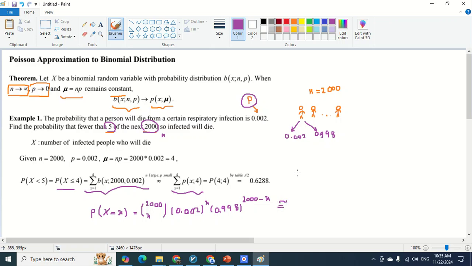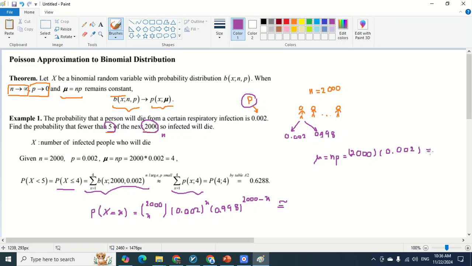First of all we should calculate lambda t, which is the same as mu over here. Mu is equal to n times p. So you should multiply 2,000 with the probability of success, which is 0.002, so the value will be equal to 4.